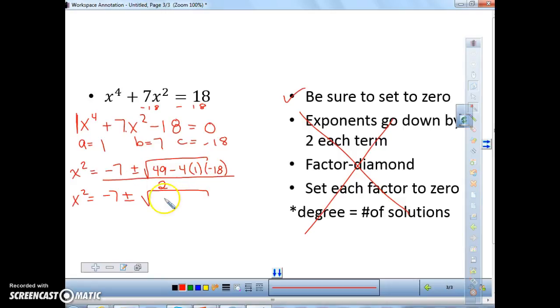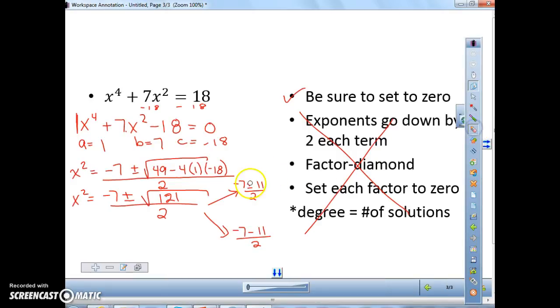Okay, so you got 121, which is 11. Yes, so let me branch that off. So we get negative 7 plus or minus 11 over 2. Let me erase that little part there. Let's just say plus. So I got negative 7 plus 11 over 2, negative 7 minus 11 over 2.